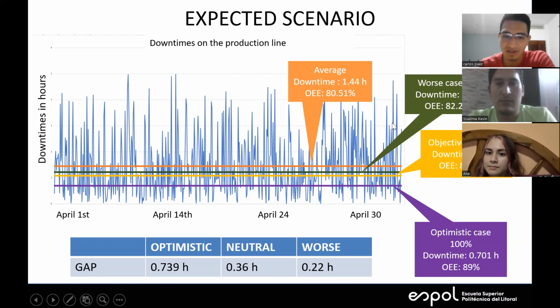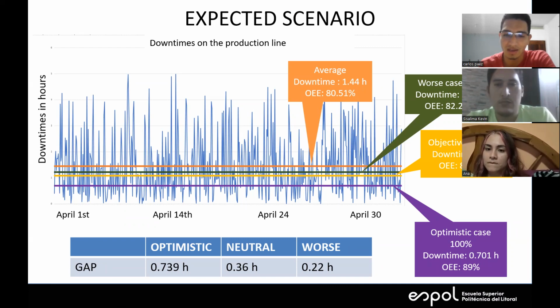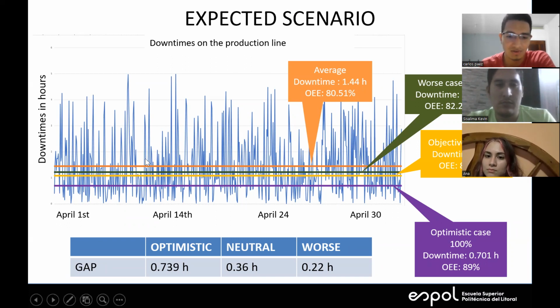In the neutral scenario, the downtime is 1.08 hours with an OEE of 83.9%. And in the pessimistic scenario, the downtime is 1.22 hours with an OEE of 82.20%. In addition, here you can see the gap of each of the cases, of which our objective case is the neutral one.